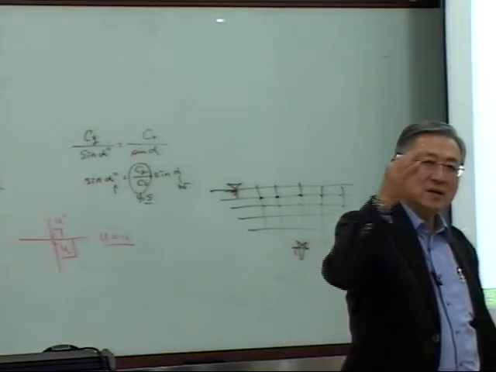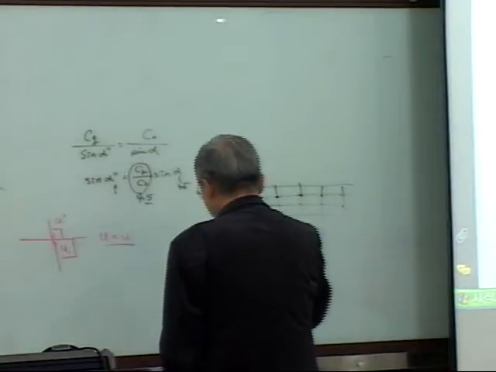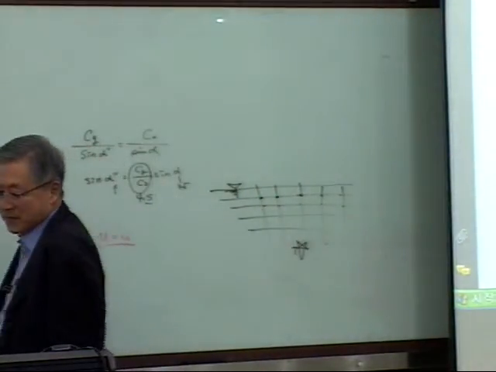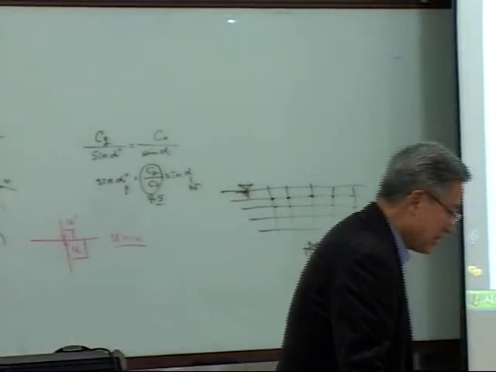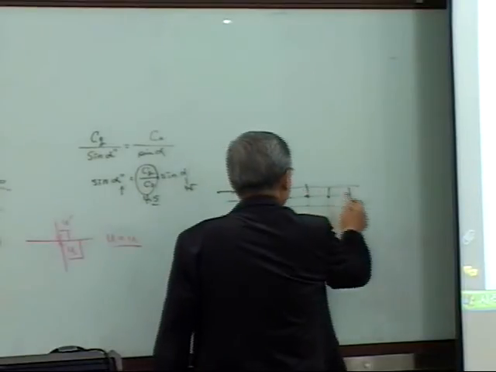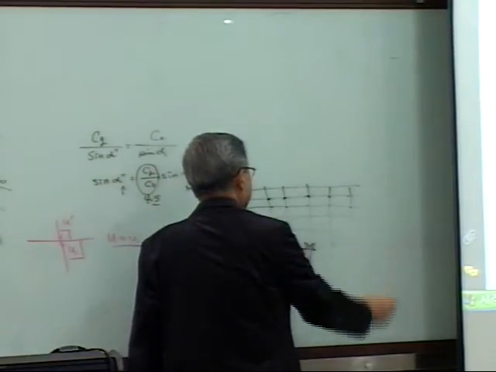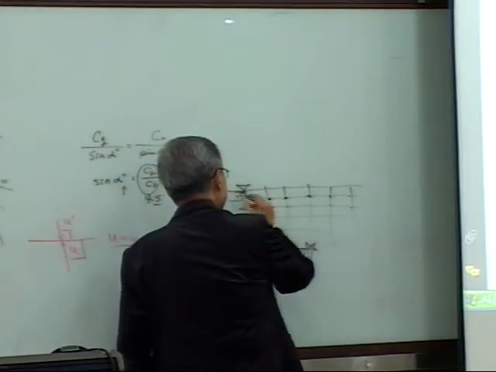So to find the cavitation area, then what do you do? Cavitation area, you go through checking, find out the point where the pressure goes to 0 or below 0.